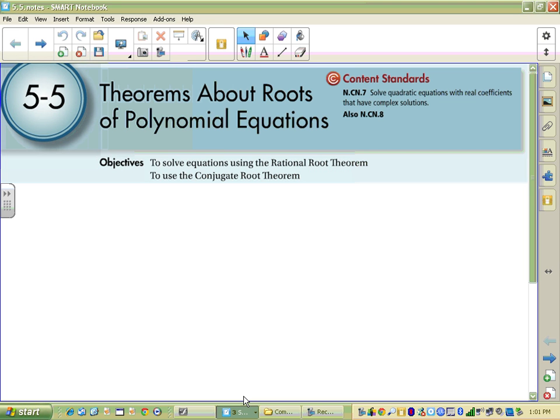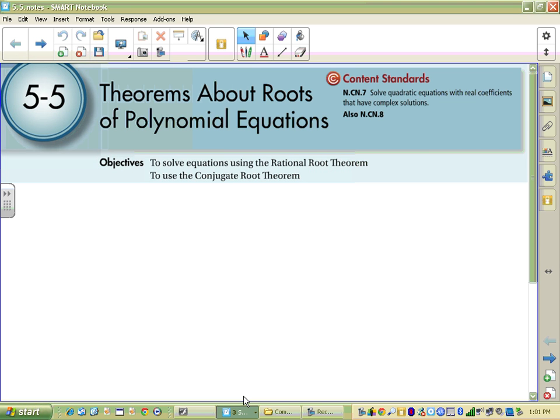Theorems about roots of polynomials. It looks like in the objectives here, there's two theorems.